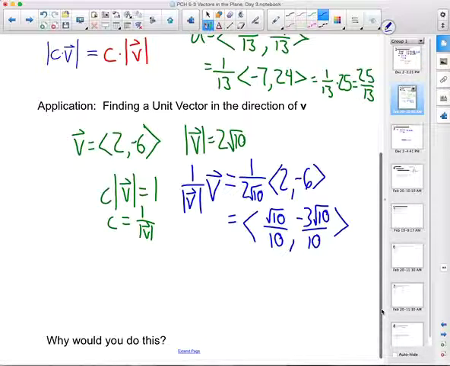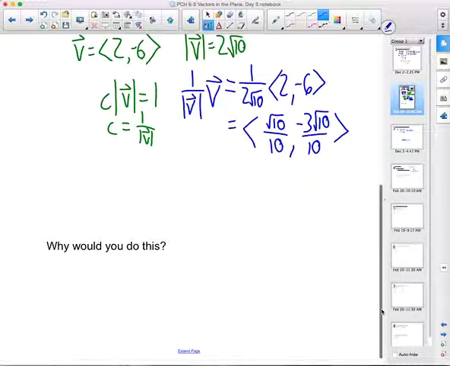What could we do now? What if we wanted to go in that direction, but we wanted our magnitude to be 30 instead? What could I do?